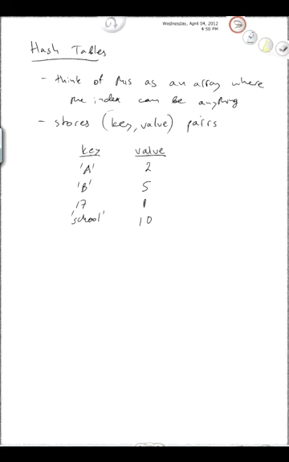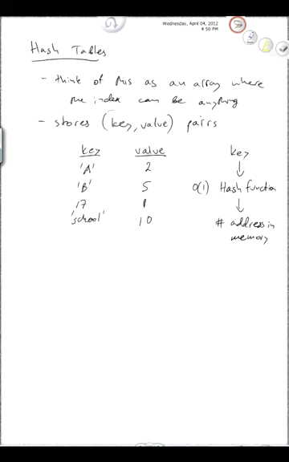And so a hash table gives you very fast access given a particular key to its associated value. The way that a hash table does this is that it takes the key and passes it through something called a hash function. This hash function basically produces a number that you can think of as an address in memory, and it works really fast in O of 1 time.